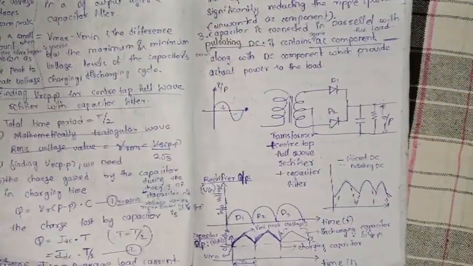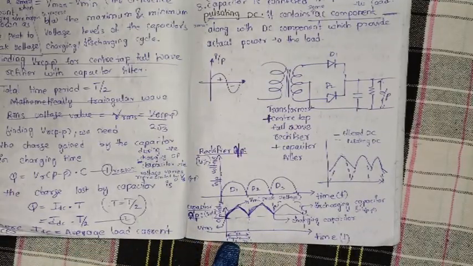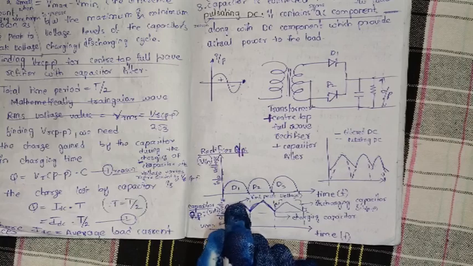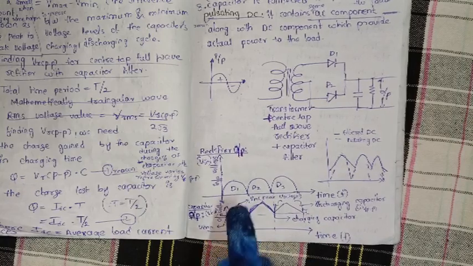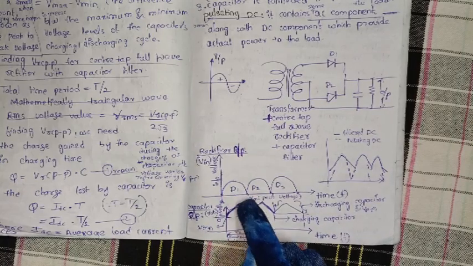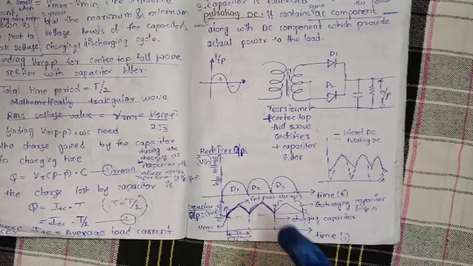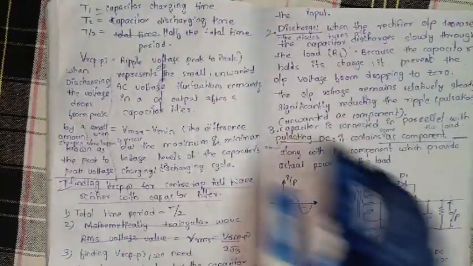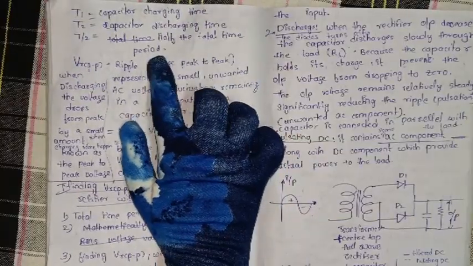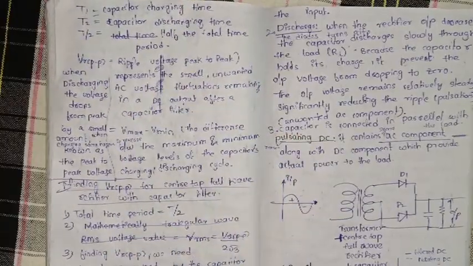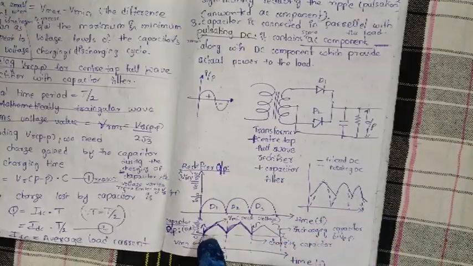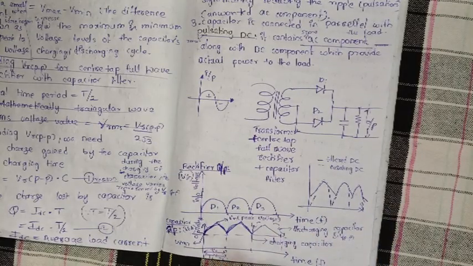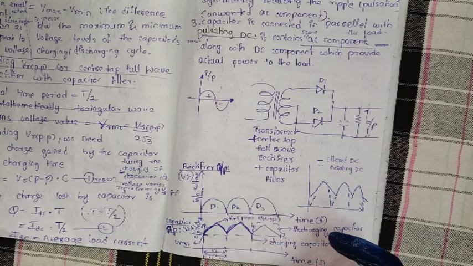T1 is here, the charging time of the capacitor, and T2 is here, the discharging time of the capacitor. And T by 2 is the total time period, including T1 plus T2. Charging plus discharging time.